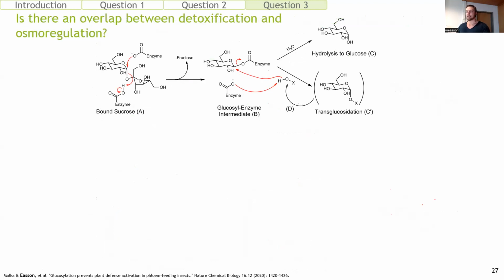Okay, and the last thing that I want to touch on is that I talked about osmoregulation as the primary driver for where this function maybe comes from. And you might be thinking, as we did, that maybe this is just an offshoot of osmoregulation, and then this isn't actually detoxification in any way. So I want to draw attention to the various concentration-dependent fates, but also the reaction with other sugars.